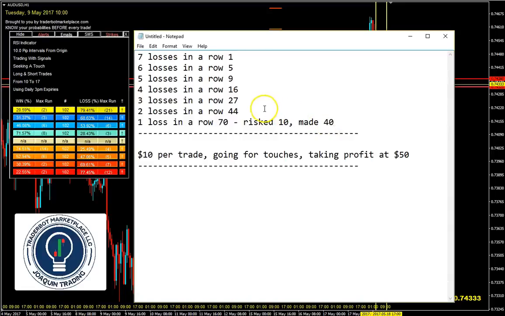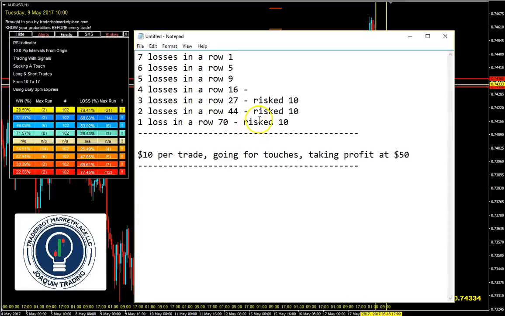Now, if that didn't work, on your next trade, risk 10, made 40. But let's say we're going to go all the way to 7 losses in a row. Risk 10 and lost. Risk 10.